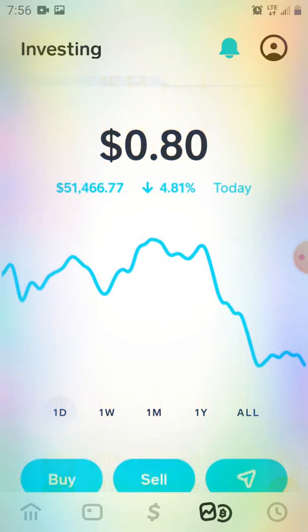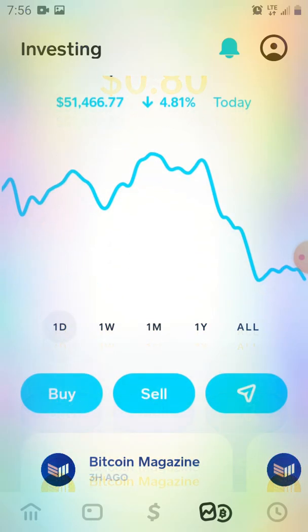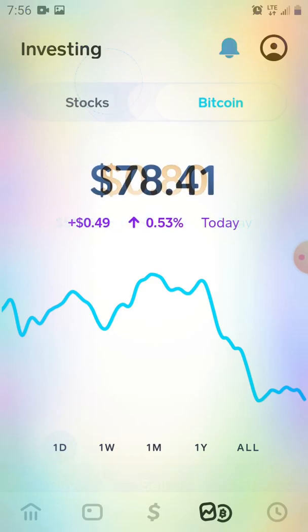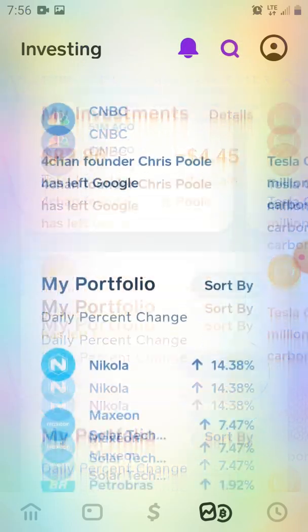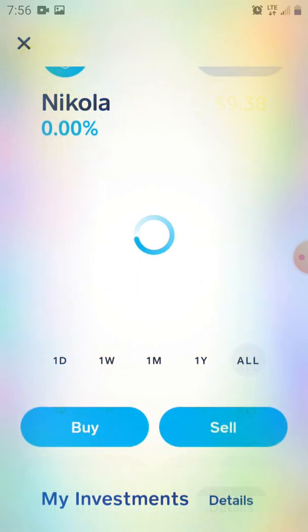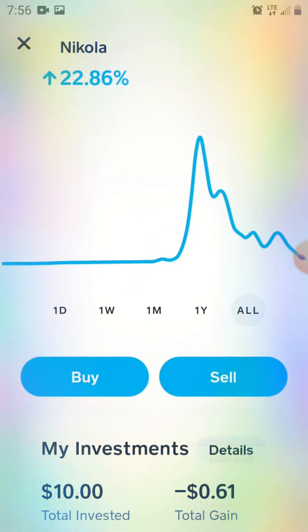The good thing about this app is you can straight up buy or sell your stocks right off of this. And with the stocks, say I was buying this Nikola stock right here, I can put in a buy order.